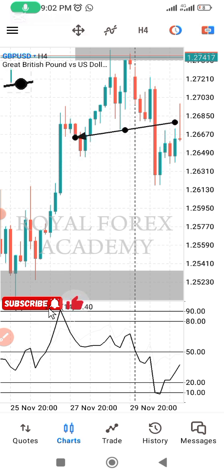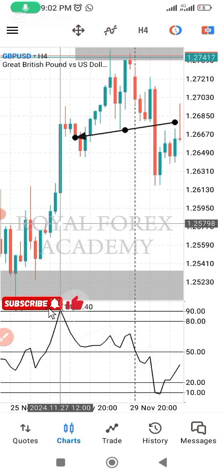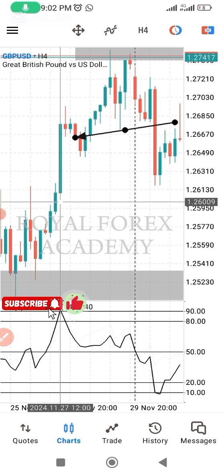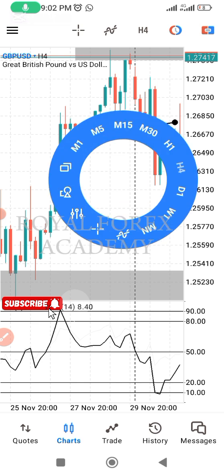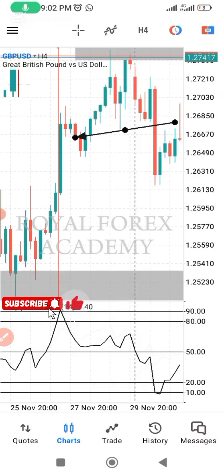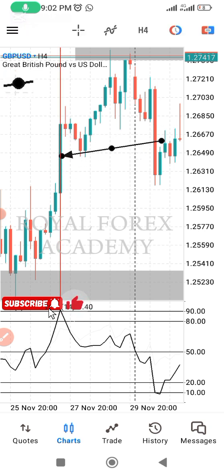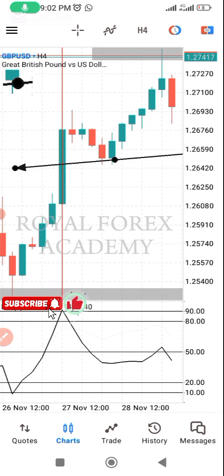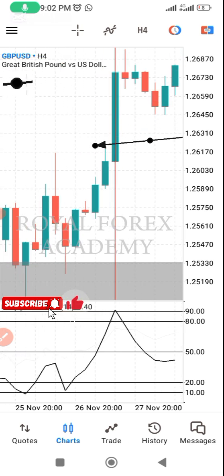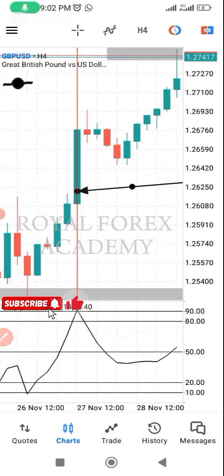So if we want to mark a fair value gap for this particular candle, I'm going to pick a horizontal line to identify. I'm referring to this candle. So this candle with my vertical line is the candle we want to identify a fair value gap on. For us to identify this fair value gap, there are certain criteria, certain things we want to see.